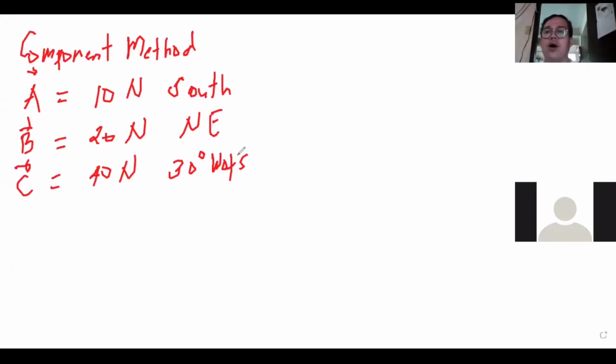So we are going to add all of these three vectors. What will be the resultant vector in adding the three vectors?